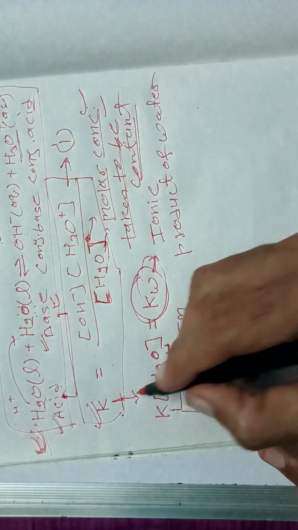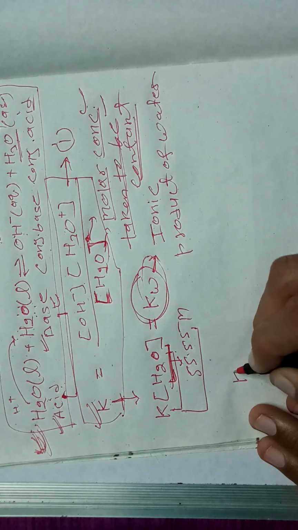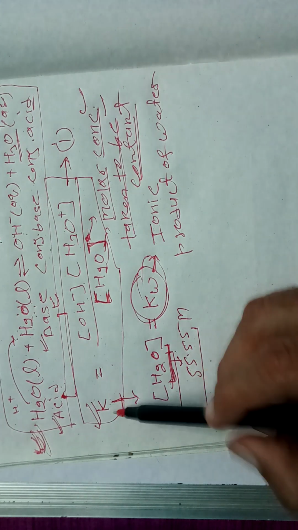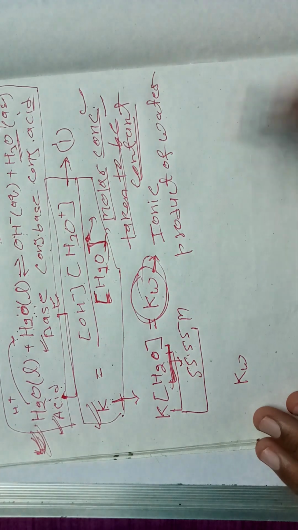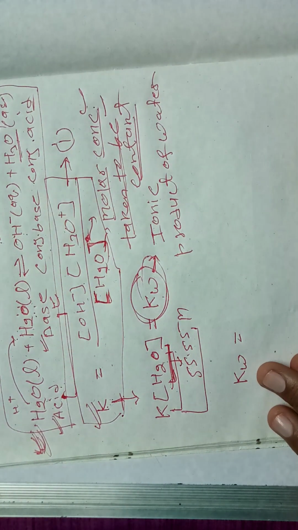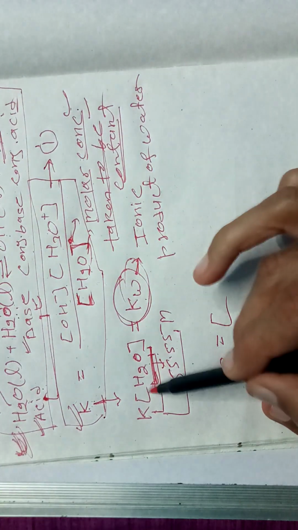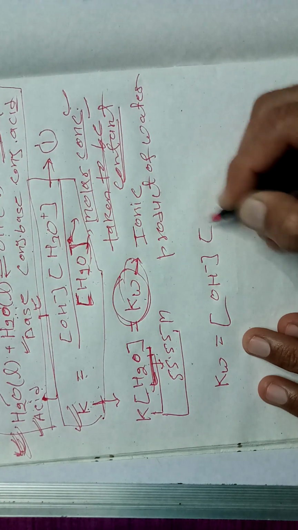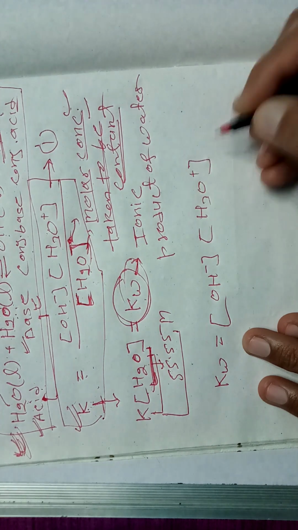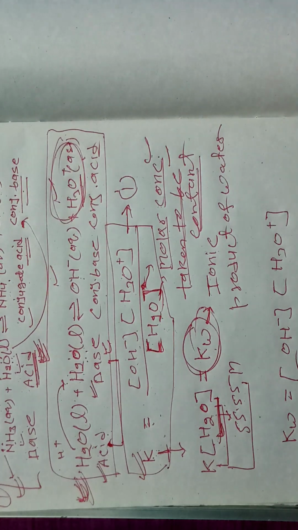Now K into [H2O] we can write as Kw, that is ionic product of water. So now Kw can be written as [OH minus][H3O plus].